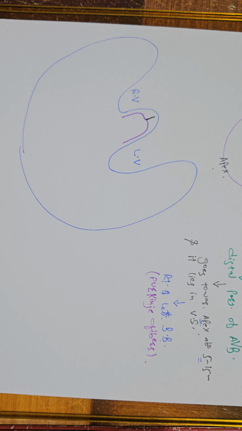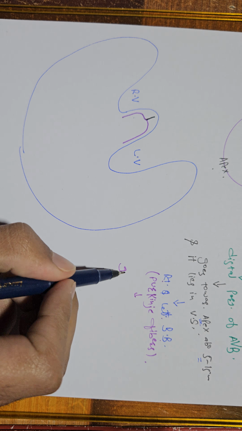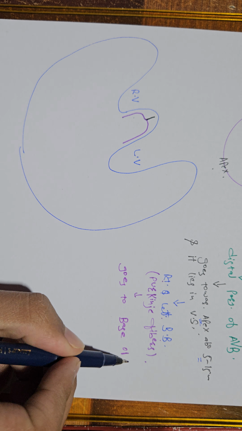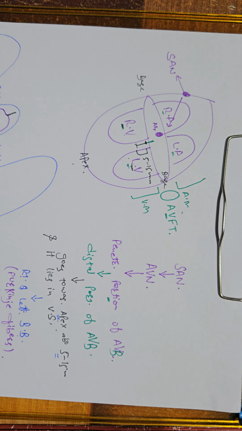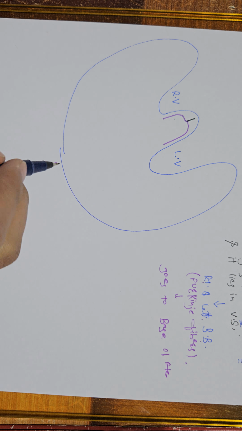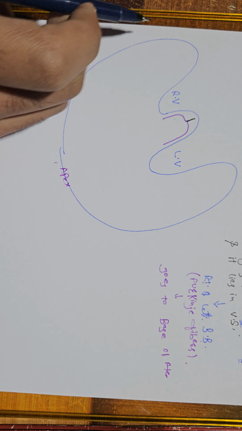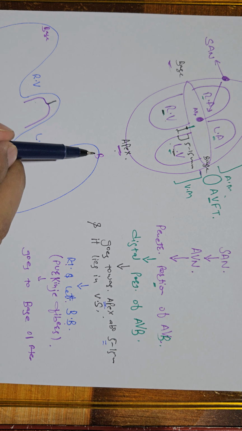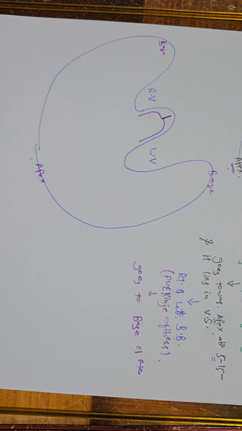These Purkinje fibers go to the base of the heart. This is the apex of the heart, this is the base of the heart. So from this diagram, this will be the apex of the heart and these will be the base of the heart. This is a separate diagram.